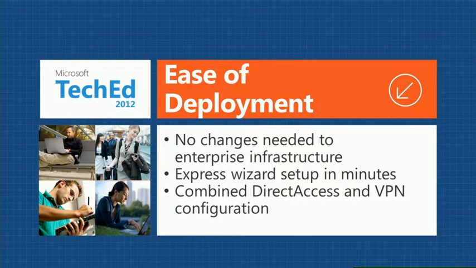So across that whole spectrum, we have a new Express Wizard, which an IT generalist can use to get the deployment up and running in just a matter of minutes.